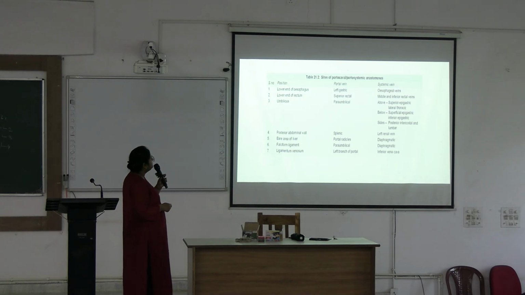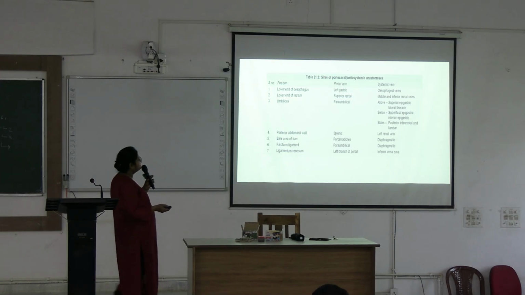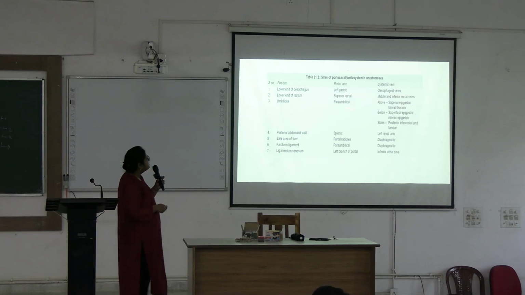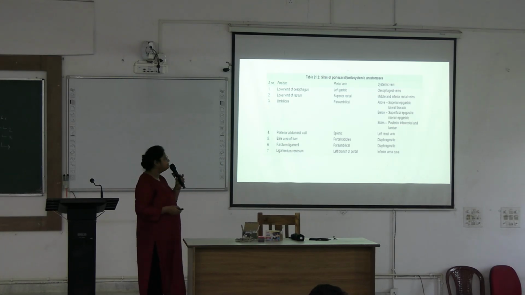Lower end of rectum, superior rectal is portal, middle or inferior rectal, systemic. Umbilicus, paraumbilical vein is portal system, and these are the systemic veins. Above superior epigastric, lateral thoracic, below superficial epigastric, inferior epigastric, and from the sides posterior intercostal and lumbar veins. All these veins are joining around the umbilicus.